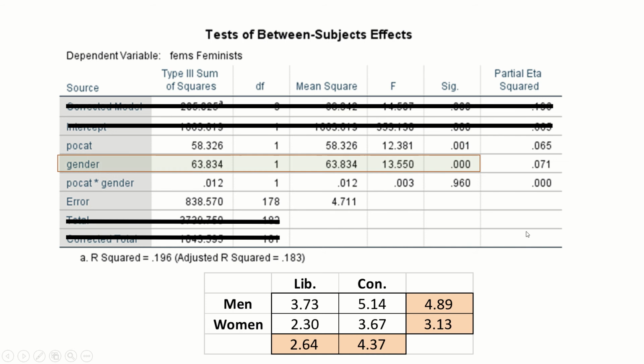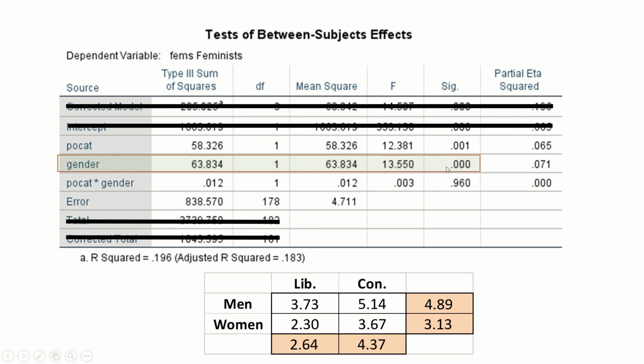Next, we have our main effect of gender. Is there a difference between men and women in their marginal means, averaging across political orientation? Do we find a gender difference in anti-feminist prejudice? If we look at the sig value here, we get 0.000.